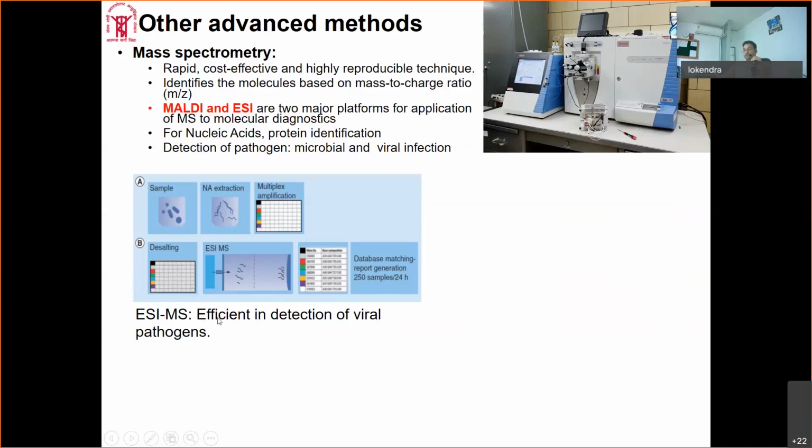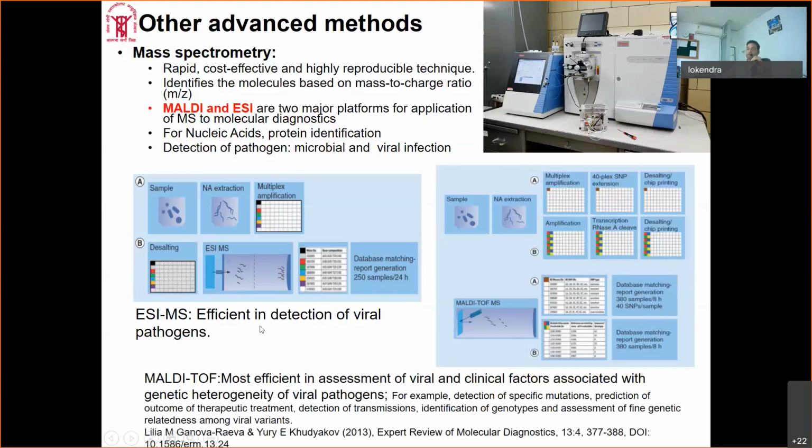The more advanced and more commonly used method is MALDI-TOF, time of flight. Time of flight is again based on the mass to charge ratio. The difference between these two methods is that one is based on the ionization spray and this is matrix associated laser desorption. In this case, not only small molecules but also bigger molecules can be identified.